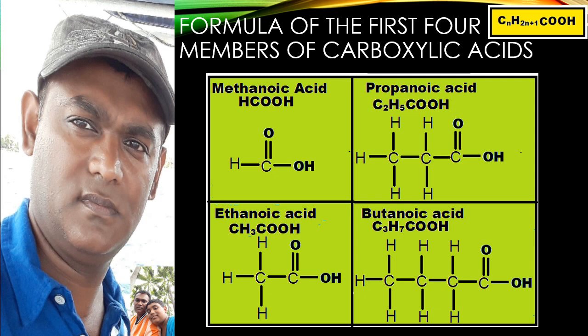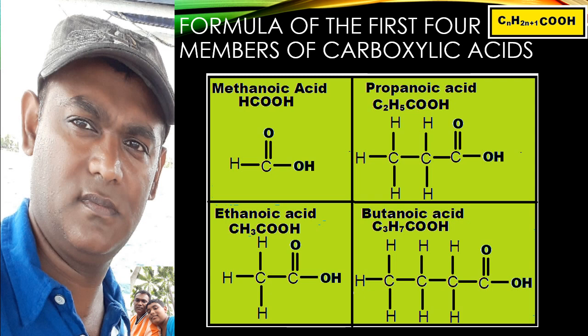Here you can see that the carbon has one bond with a hydrogen atom. The same carbon is bonded with a double bond to an oxygen atom, and the fourth bond is between the carbon and the OH group.